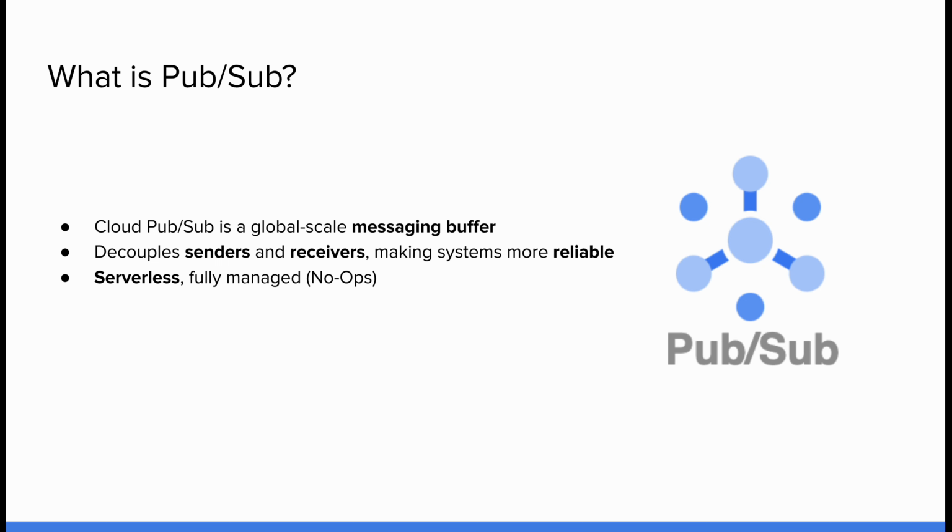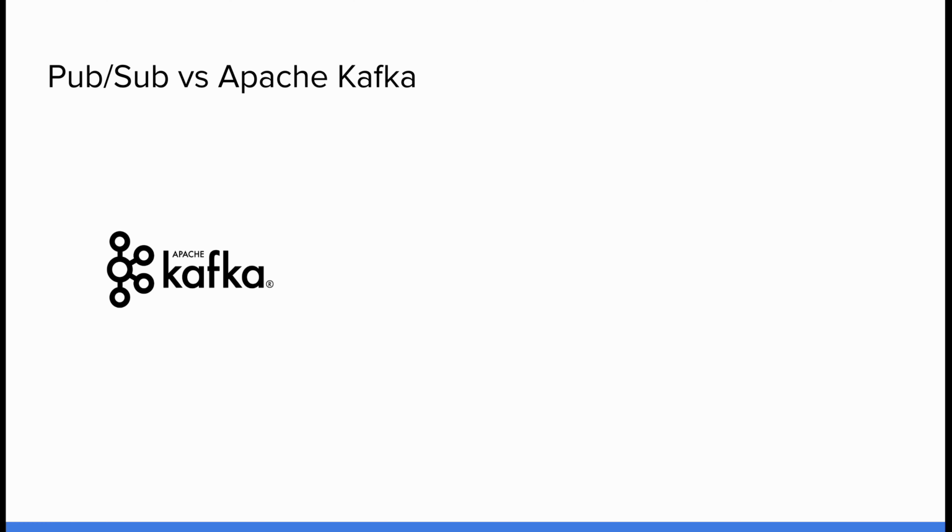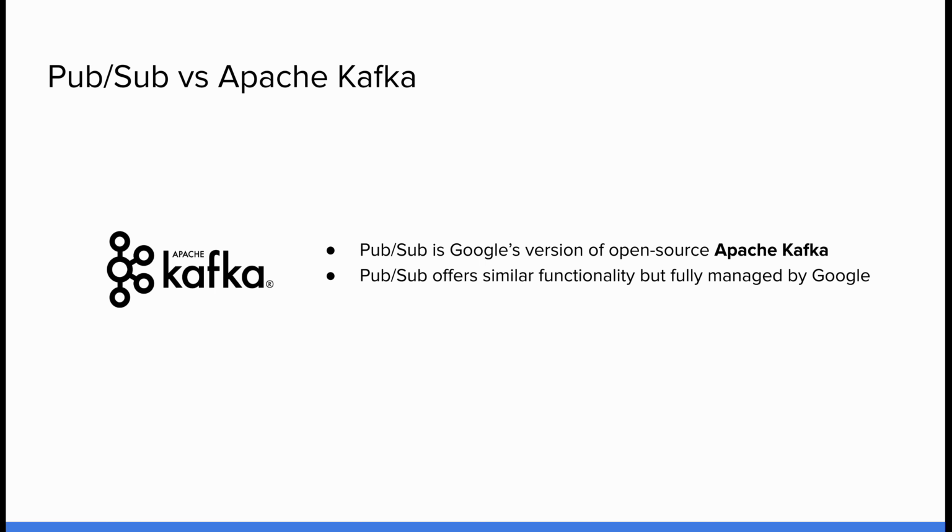Google handles all of that. PubSub is the GCP version of Apache Kafka, which is the open source messaging system in the Apache ecosystem. The key difference is that with PubSub, Google takes care of the underlying infrastructure, making it easier to manage and scale.